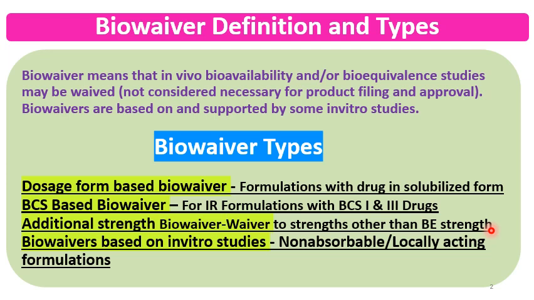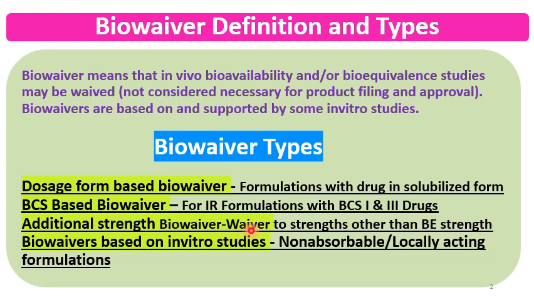Please understand that this video will require your 100% attention, and also note, without having in-depth understanding of the biowaiver requirements, if the application is filed, then that application will be rejected because the requirements for biowaiver are not fulfilled.